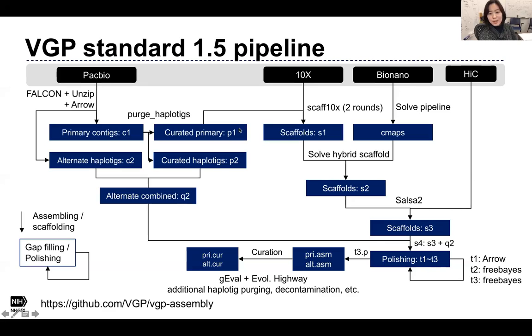So after we get the curated primary contigs, we go through two rounds of scaffolding using the 10x reads. Here again, we align all the 10x reads to the primary contigs and try to find the contig order and orientation that belong next to each other.